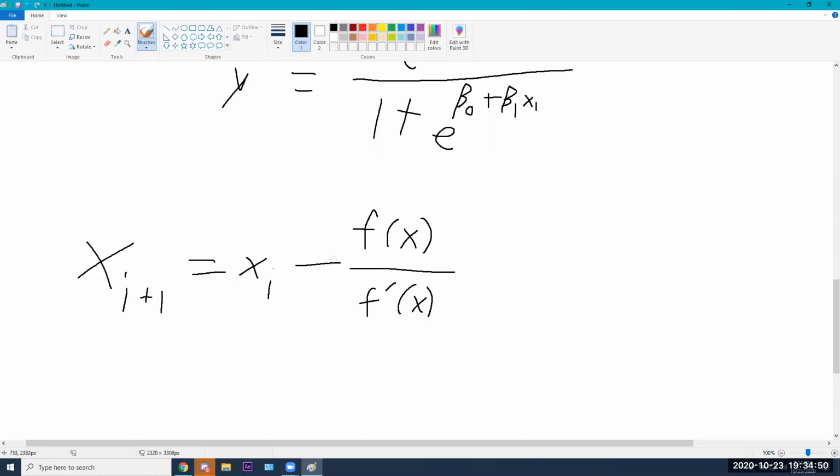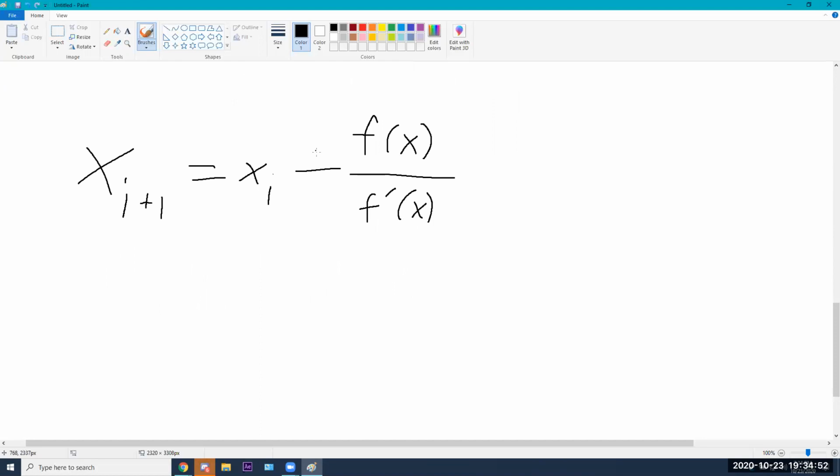Where f'(x) is the derivative. This method is used to find the roots of a function, wherever the function is valued at 0.